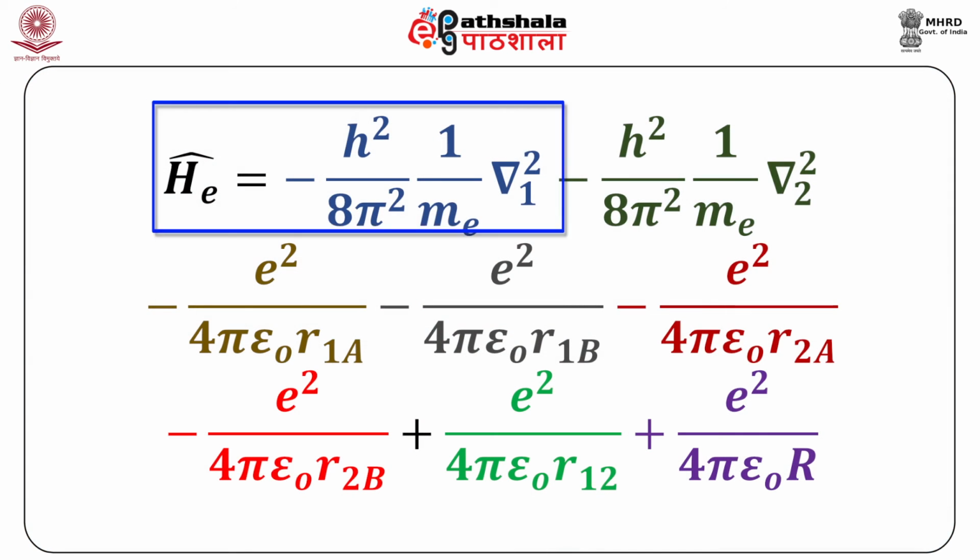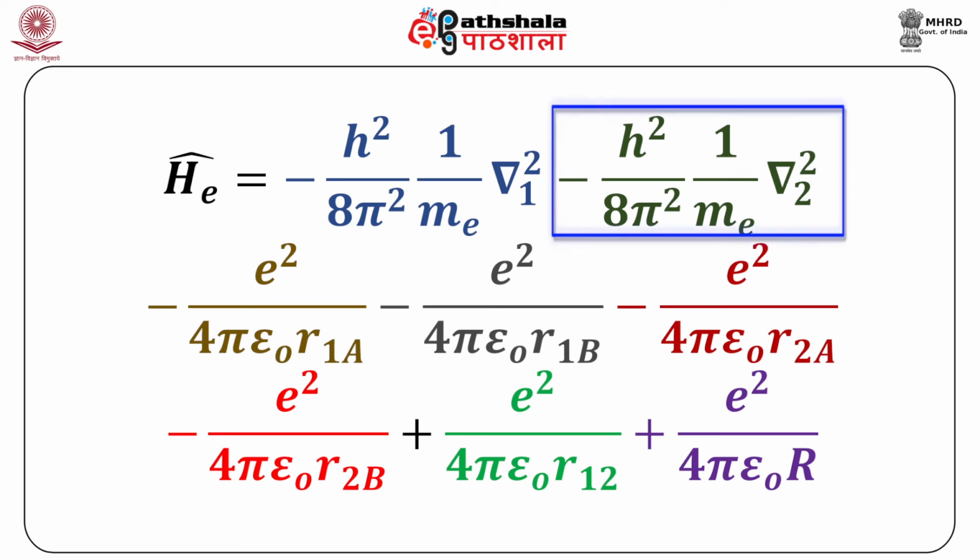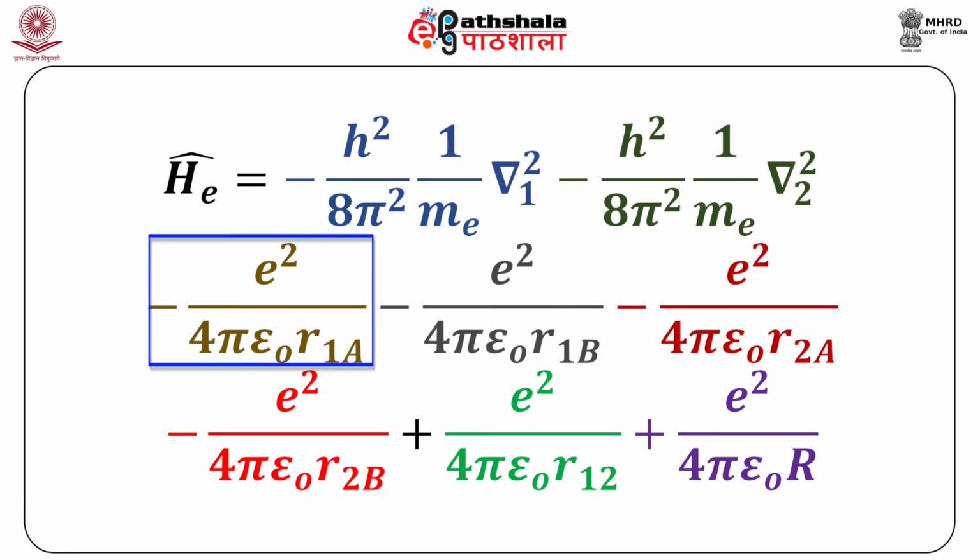It is the electronic Hamiltonian, He cap, equal to minus h square upon 8 pi square me del 1 square, which is the kinetic energy of electron 1, minus h square upon 8 pi square me del 2 square, which is the kinetic energy of electron 2, minus e square upon 4 pi epsilon 0 r1A. This is negative, so it is the electrostatic attraction between electron 1 and the nucleus A.